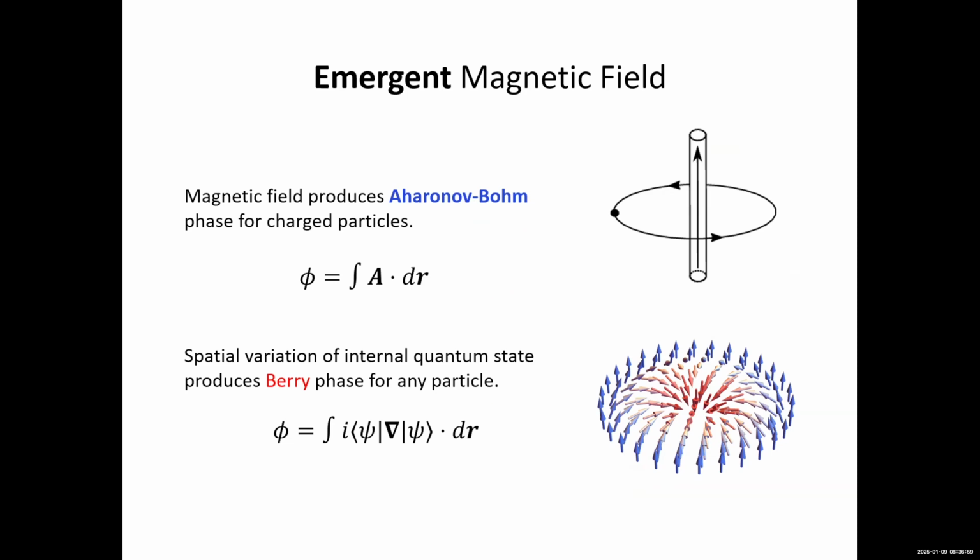In this case, the motion of an electron can pick up a Berry phase, which is given by the so-called Berry connection integrated over the electron trajectory. This Berry connection is the analog of the vector potential, and the phase that it picks up is called the Berry phase.